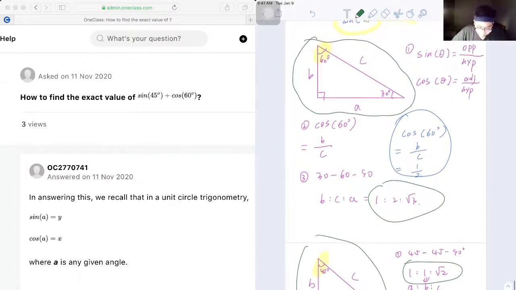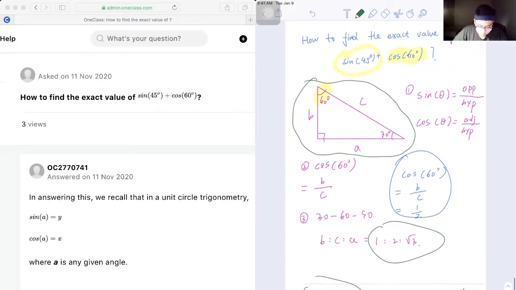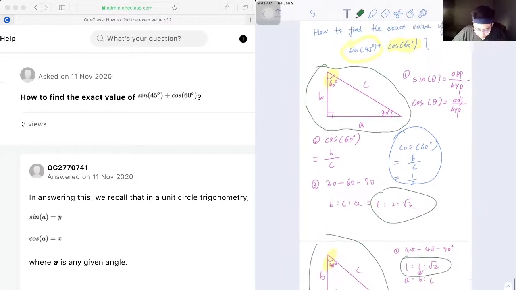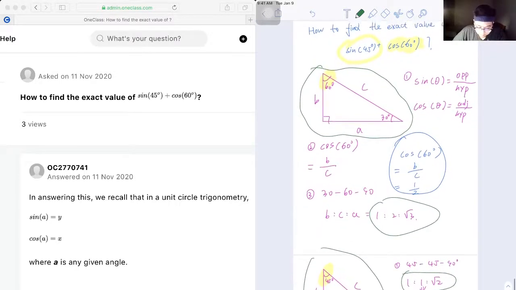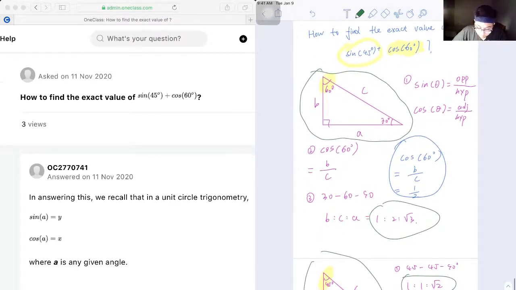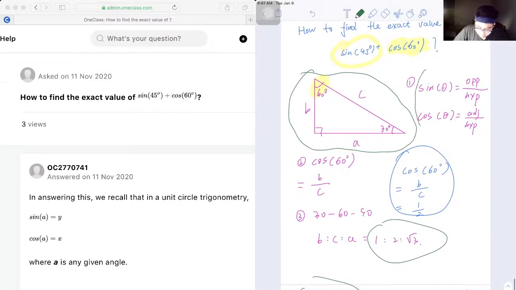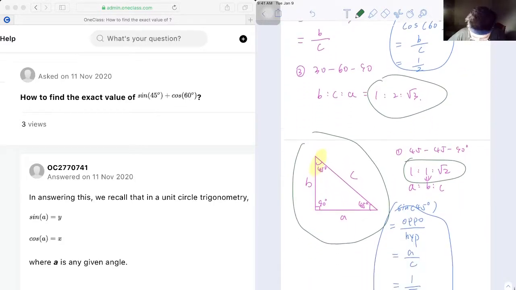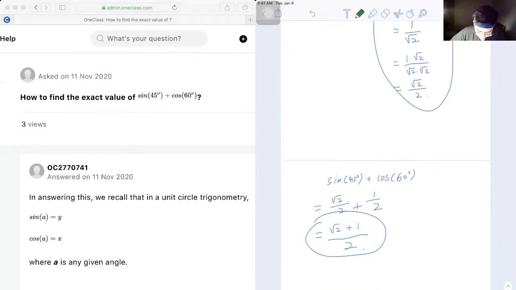Then you just substitute the numbers in, and that will give you the correct answer. And maybe you want to remember this part correctly because that's the most important part. Sine theta is equal to opposite over hypotenuse, and cosine is adjacent over hypotenuse. So that's all we have for this question.